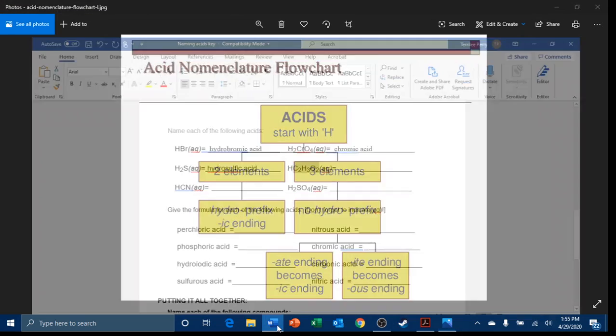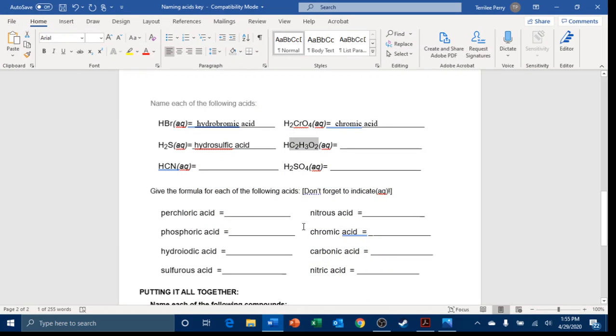So let's go back over here. Oh, I'm sorry. This one doesn't have a hydro because it has an oxygen. Okay. So this is acetic acid. And how you got that was you have the C2H3O2, and that's acetate. Okay, so you've got acetic acid.